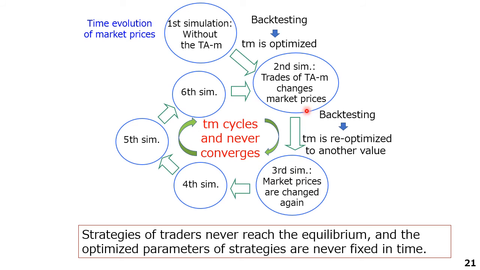For the third simulation, for backtesting, TM is re-optimized to another value. So TM is changed and cycled and never converges. Strategies of trades never reach equilibrium, and the optimized parameters of strategies are never fixed in time.